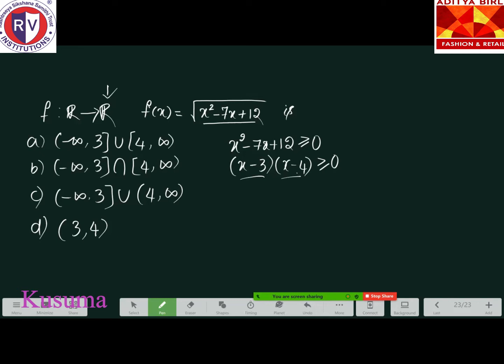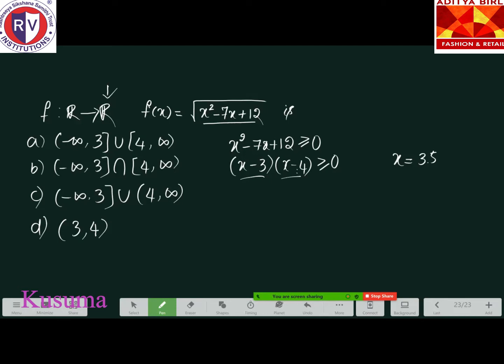Okay. So let me give some value here. Suppose I put x is equal to 3.5. So what happens to this expression? 3.5 minus 3 will be a positive quantity. But 3.5 minus 4 will be a negative quantity. A positive and a negative quantity will give a negative product, right? That will not be greater than or equal to 0.